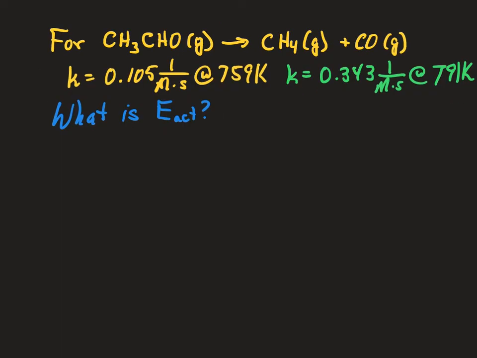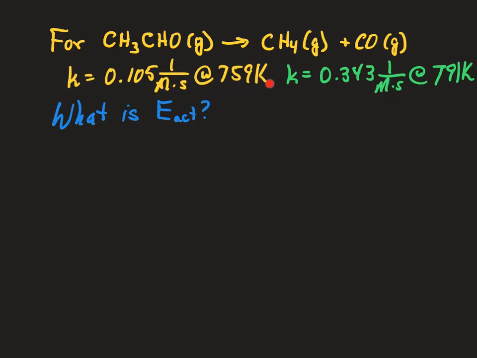Okay, now we have another reaction. Here we have acetaldehyde in the gas phase decomposing to form methane, CH4, and carbon monoxide, CO, in the gas phase. And someone has done experiments, again, at different temperatures.